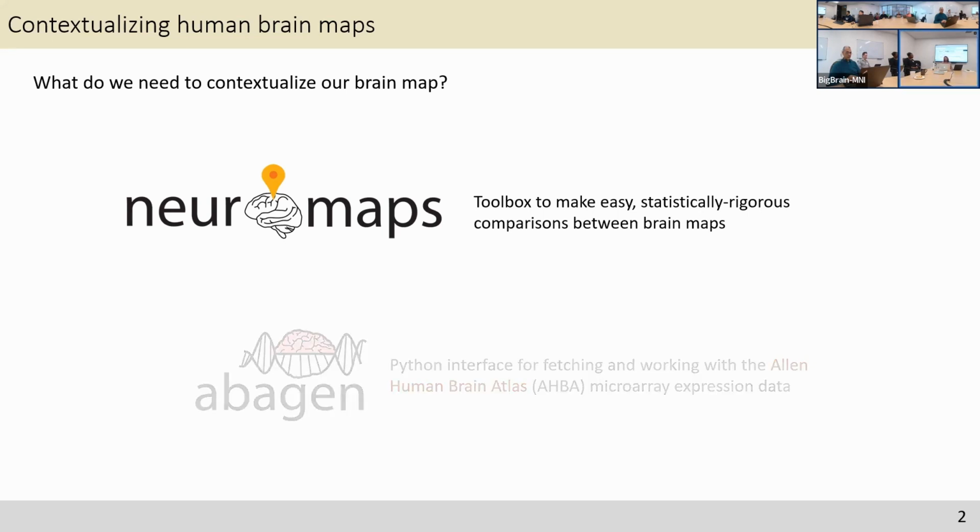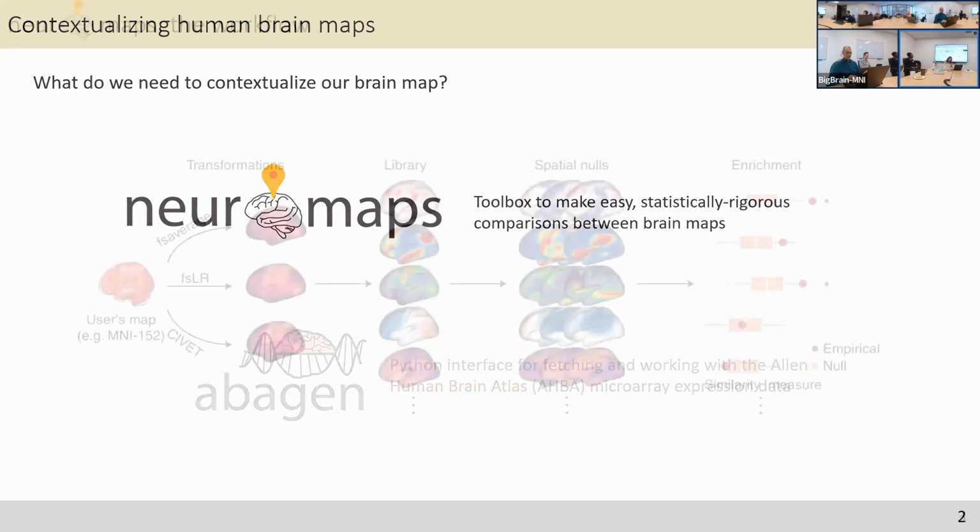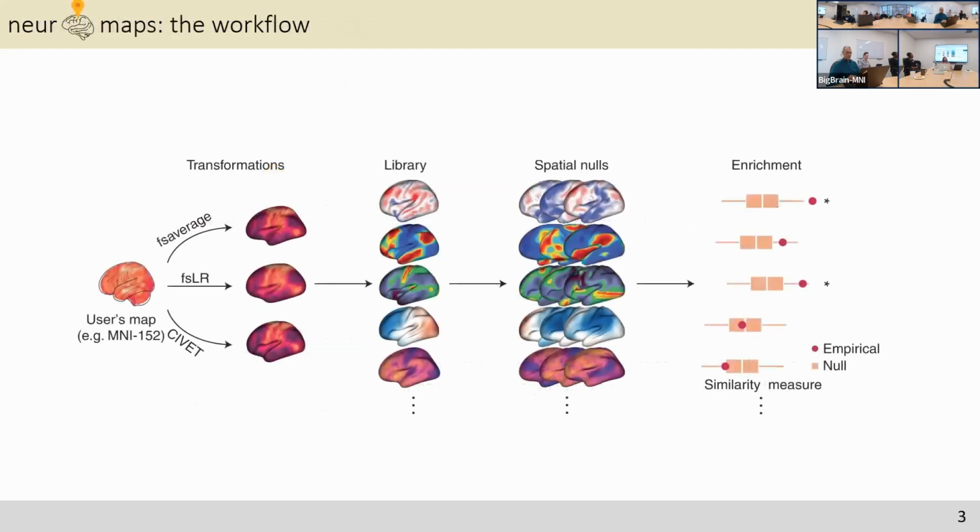So I'll right away start by talking a bit more about what I mean by Neuromaps here. Neuromaps has been developed as a workflow where at first you start with a brain map of your choice in any type of space you want. It can be volumetric space, it can be surface space. And then the idea is that you want to compare this map to a bunch of other brain maps in the literature.